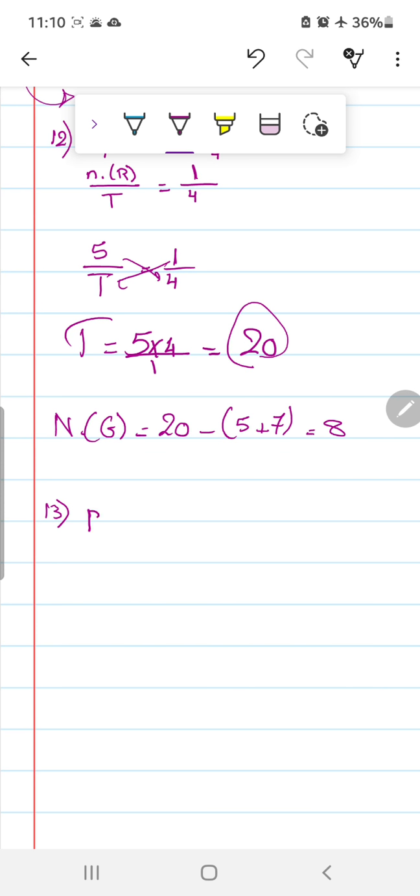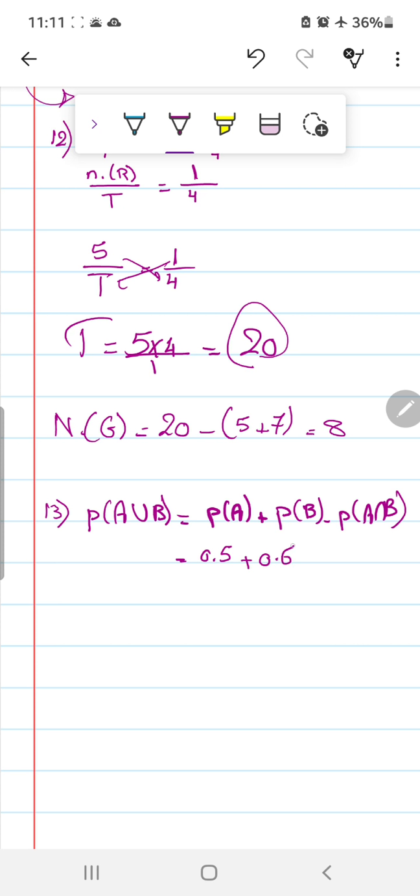So we want to get the probability of A union B. A union B equals what? Probability of A plus probability of B minus intersection. Direct in the rule: 0.5 plus 0.6 minus 0.4, it will be 0.7. Okay, which is part A.